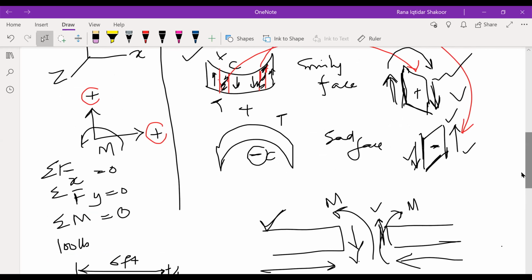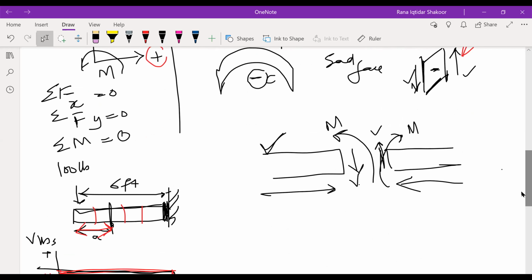Never try to use negative conventions, because when you get a positive answer, it would mean the negative one is fine, so there may be some confusion. So always assume positive moment and positive shear force, and then see what the answer comes out as, and accordingly you can flip the signs or flip the directions of the moment and shear force, right?